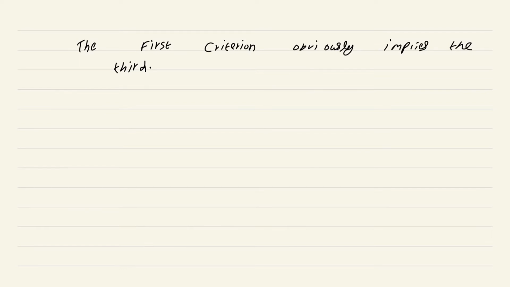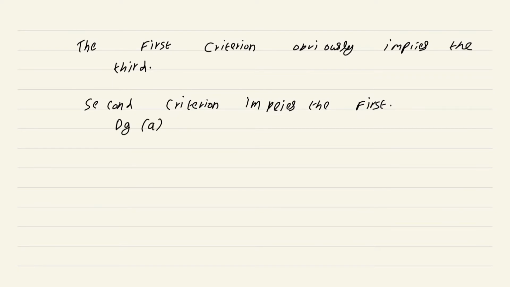Okay. Now we are going to prove that the second criterion implies the first. So we have to show that if it's locally the level set, it's going to be locally a graph. Now the assumption is dg at A has rank n minus d.